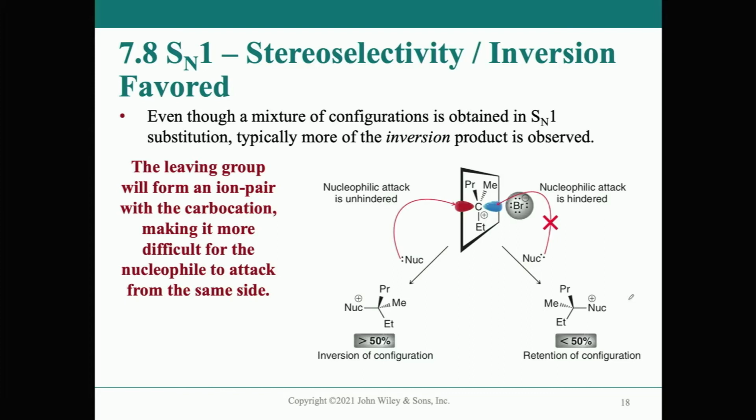While the bromine is not covalently attached to that carbon anymore, it's still hanging around because the ions are attracted to each other, which does hinder the nucleophilic attack a little bit. So what happens then is you still get mostly inversion product because it's unhindered, but you also get the retention product too. But mostly it's inversion product.